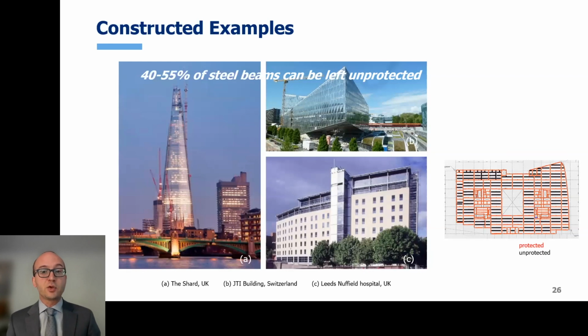This system for structural fire design has been used in actual projects. So the buildings shown on this slide, they leverage tensile membrane action in the composite floor, and so they were able to remove thermal protection on secondary steel beams. So there is clearly an economic benefit. It also can be a sustainability benefit with less insulative material.